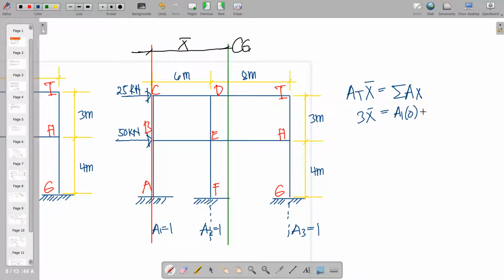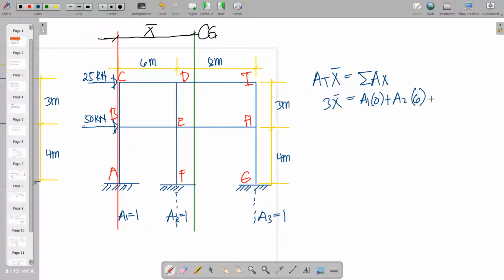Then we add area 2, whose distance from your reference line is 6. Then we add the last segment, and the distance is 14 from your reference line.